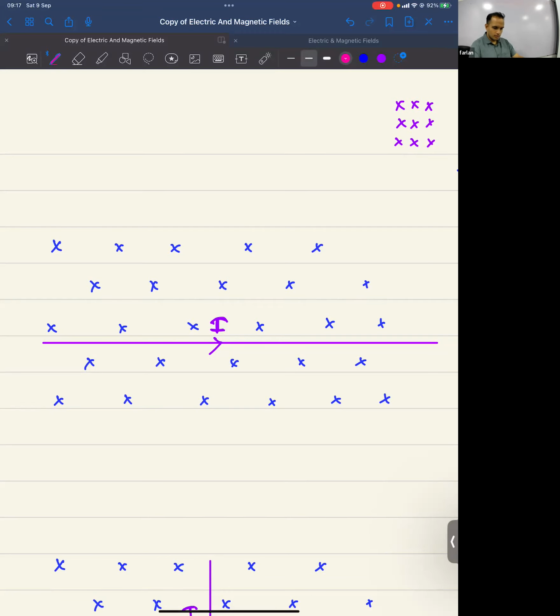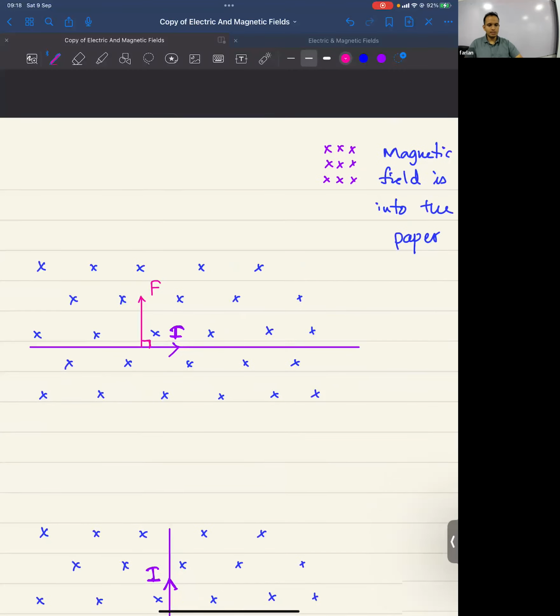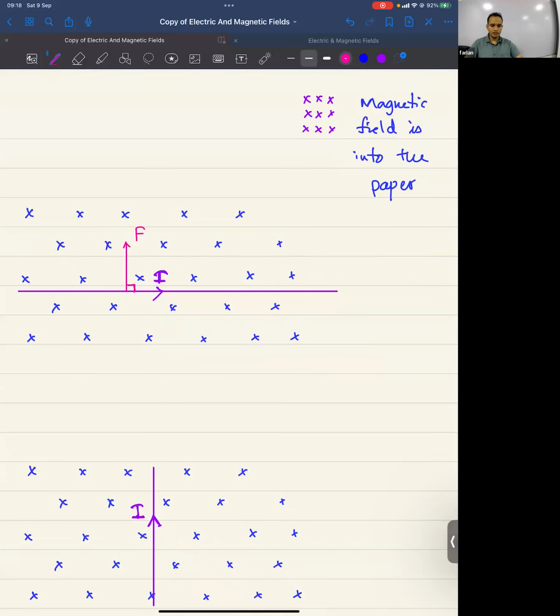Take it down. As mentioned, the cross here means the magnetic field is into the paper.